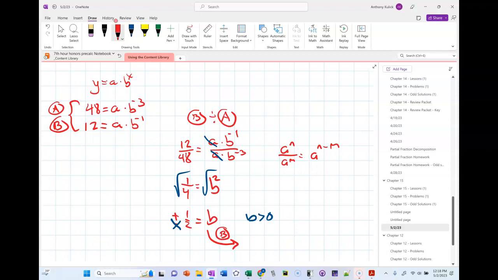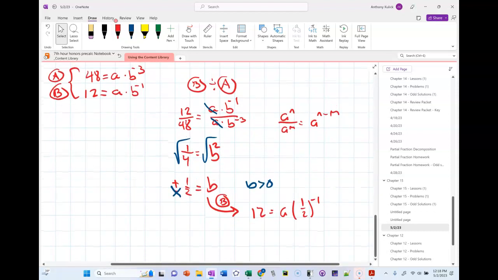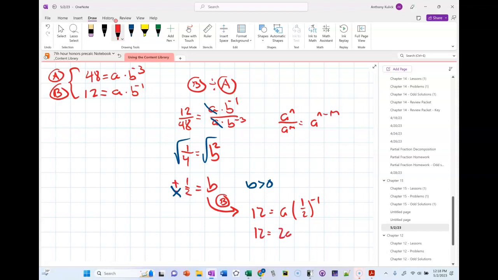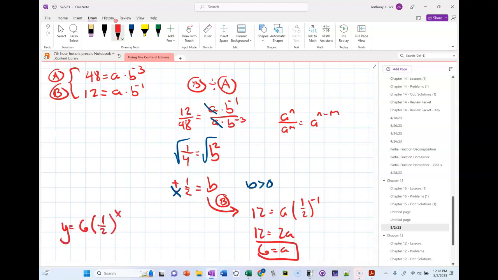That would be problem B. What's 1/2 to the negative 1? 2. So to solve for a, I get 6. So I can say y equals 6 times 1/2 to the x. We cool there? Okay.